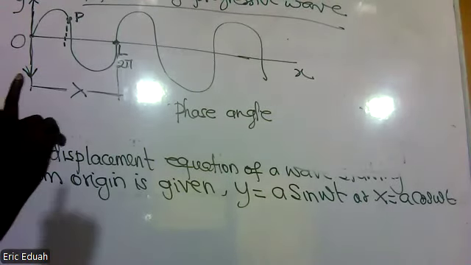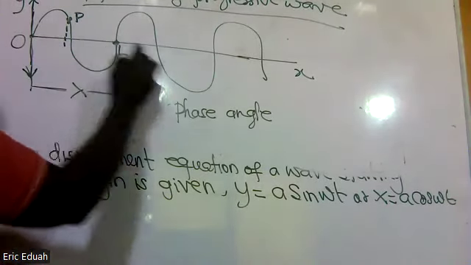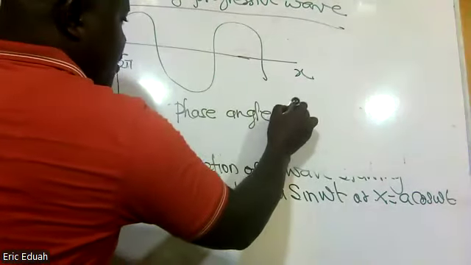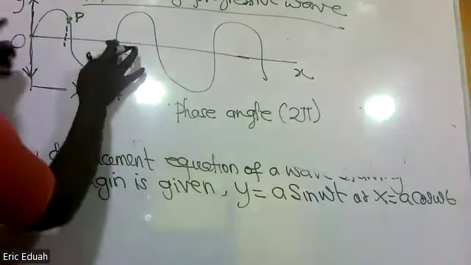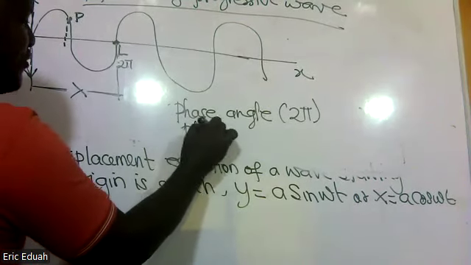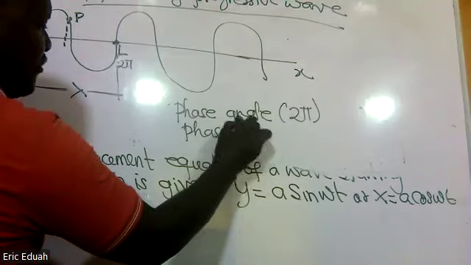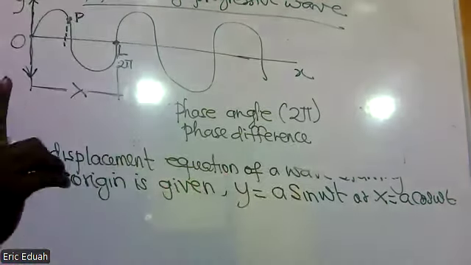The angle between O and L is equal to 2 pi radian or 360 degrees. This angle between 2 points is termed the phase difference, the difference between points in terms of angle.